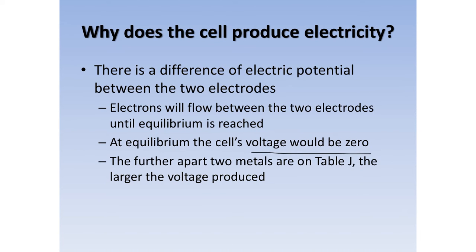And the further apart the two metals are on table J, the more voltage they will produce when they are set up in a cell. If it's a reversible reaction, once it gets to equilibrium and the voltage is 0, then the reverse reaction would occur that would rebuild up the difference between them.